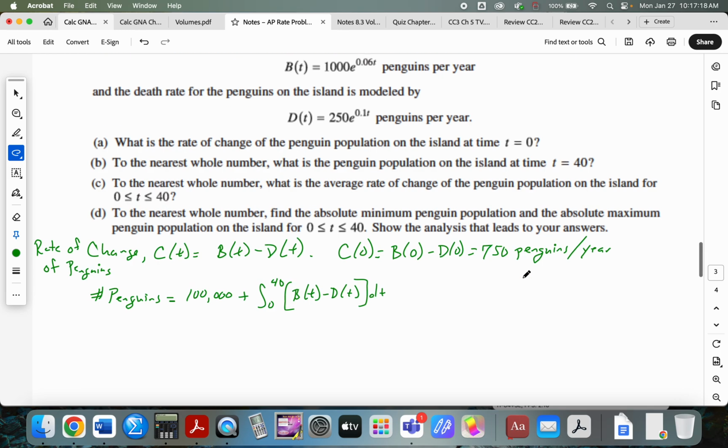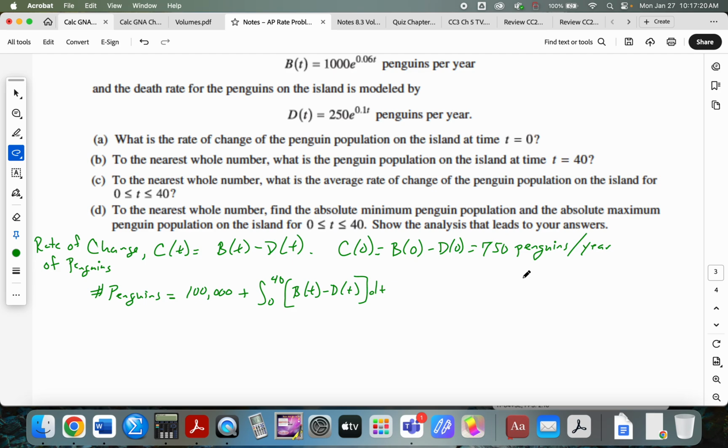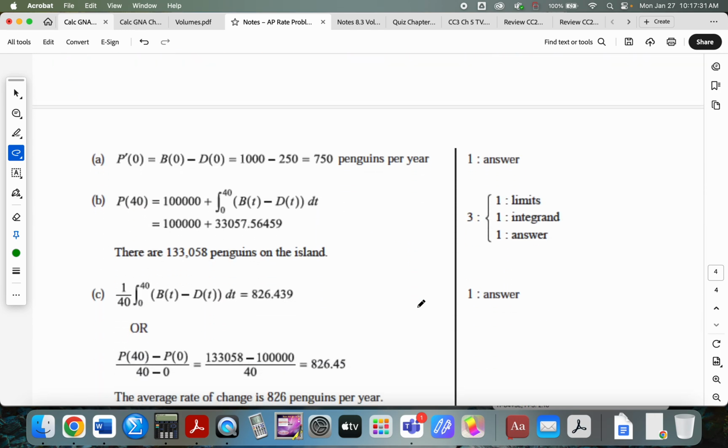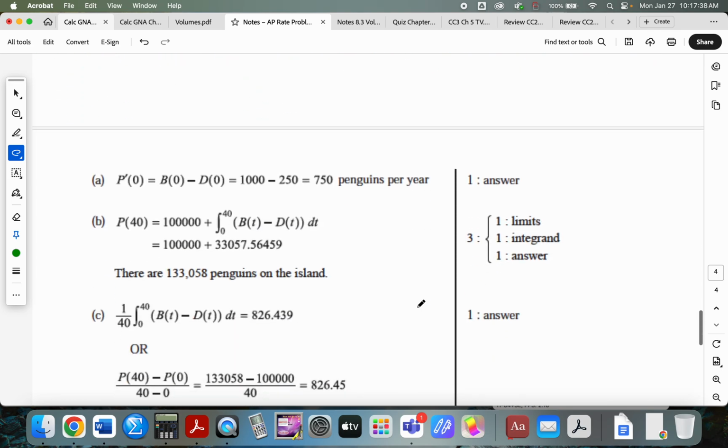So again, that would be one where I would put that into my calculator as y1 and y2. In the interest of time, I'm just going to move down to this and go, oh look, it's 133,058 penguins. Is that 133?